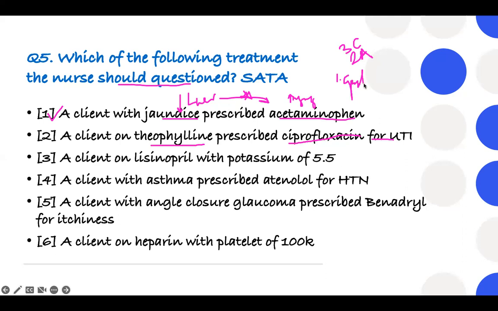ciprofloxacin. So they cannot take ciprofloxacin like that. Any antibiotic like this, you cannot use for that. The second one is cimetidine. So they cannot take cimetidine. Okay, let me just clean this. So I'll just write this here.